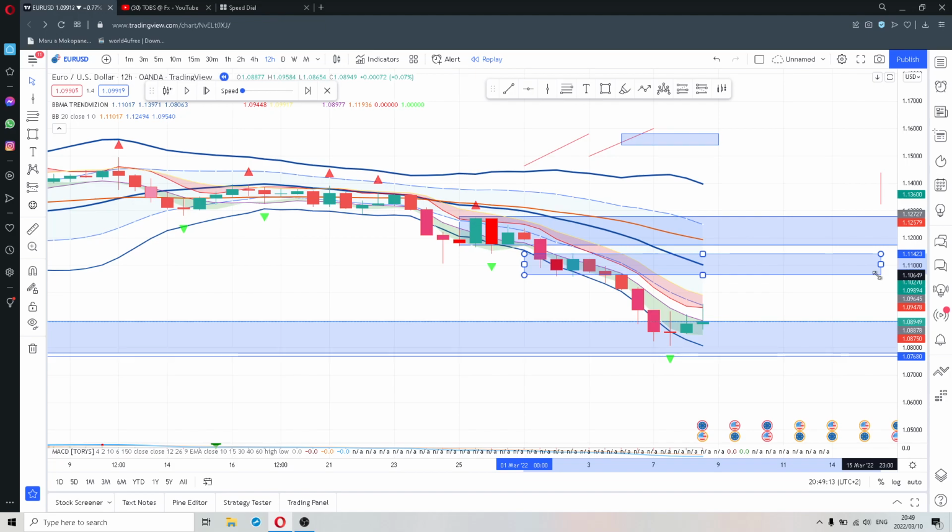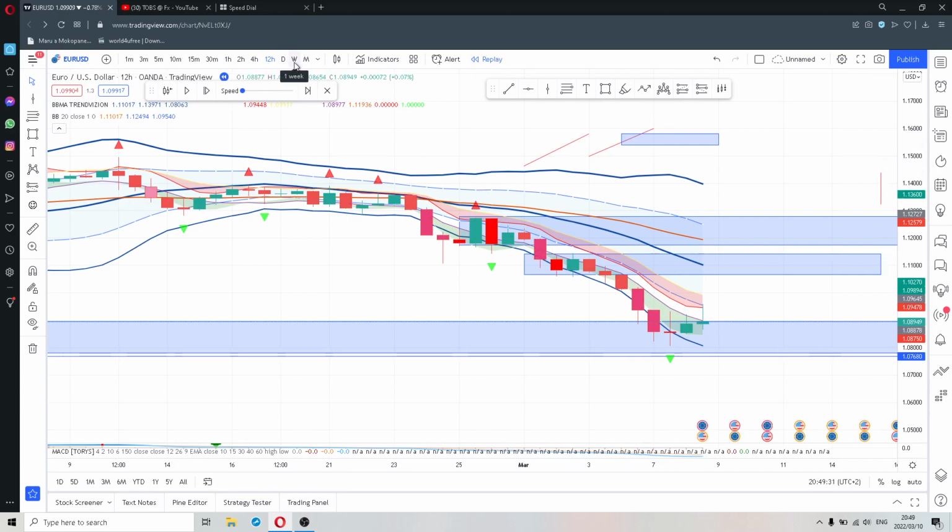So we have a drop, a base, and a drop. This base here, guys, tells us that the zone that we are looking for is there. There is a zone there.